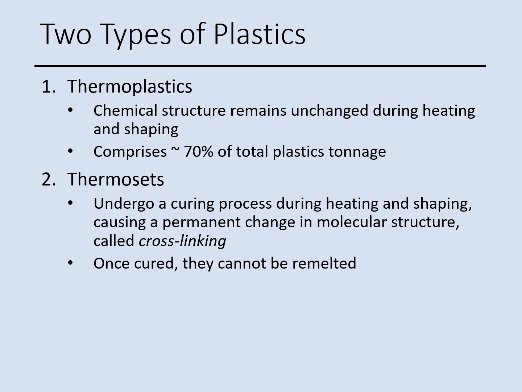The next type is thermoset. Thermoset undergoes a curing process, and then it makes a permanent change in molecular structure, and we talked about it. It's called cross-linking. Once thermoset is cured, we cannot remelt it.